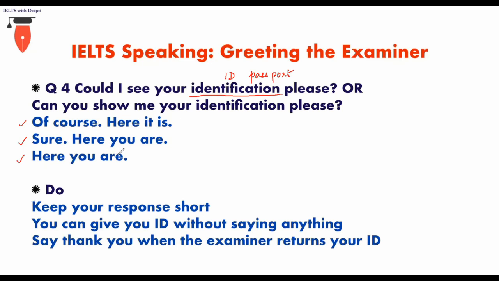So these sentences are good enough. You can choose any one response from here. All are correct. You may also choose not to say anything and just plainly give your passport to the examiner. Even that is fine. But it's nice to add a sentence here. And when the examiner returns your ID, you may want to say thank you as courtesy.